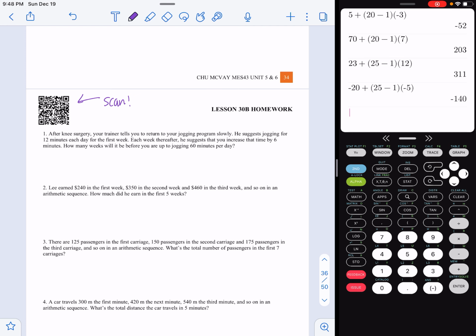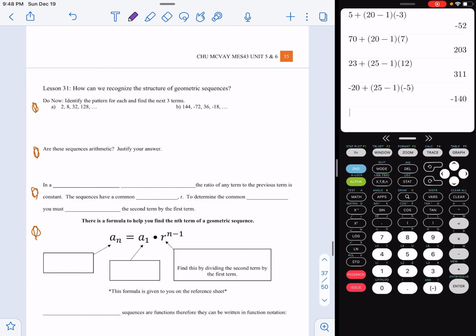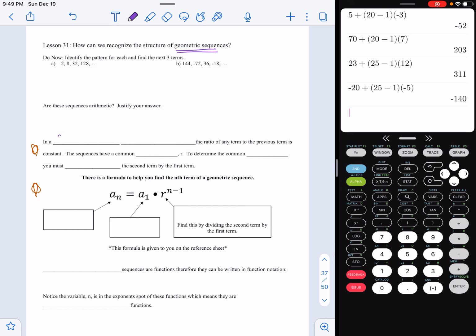I am going to move on to page 36. So the other type of sequence we talked about last week is geometric sequences. And geometric sequences follow a pattern of multiplication or division. Okay, so let's fill this out. So this is in a geometric sequence.